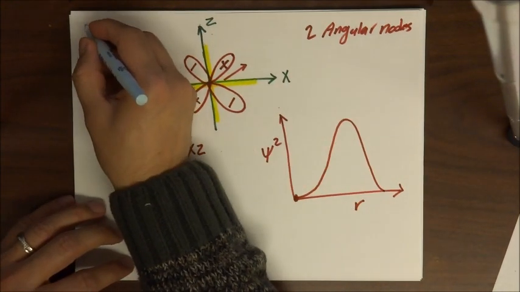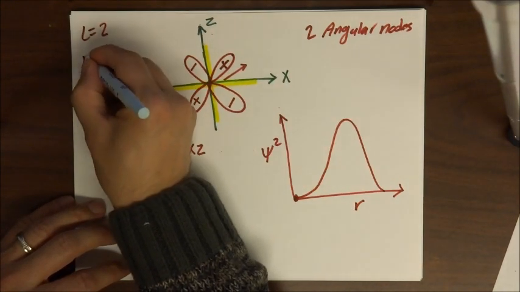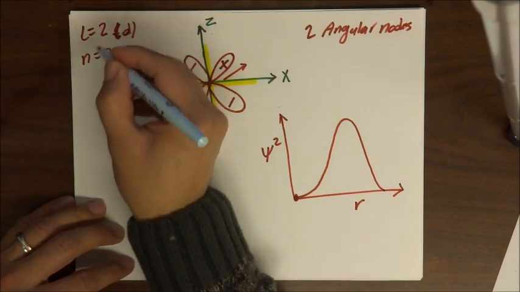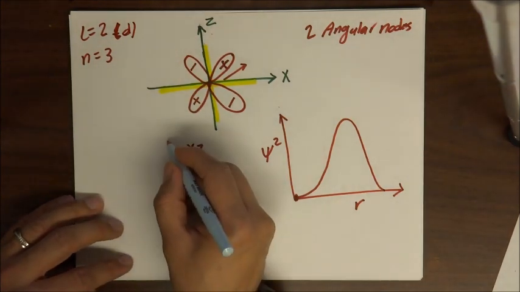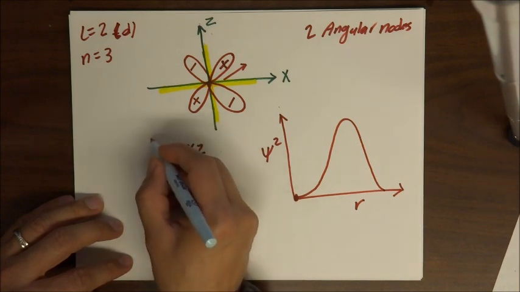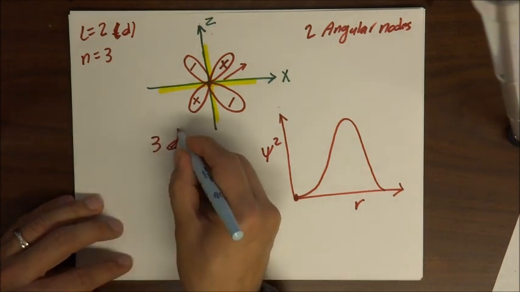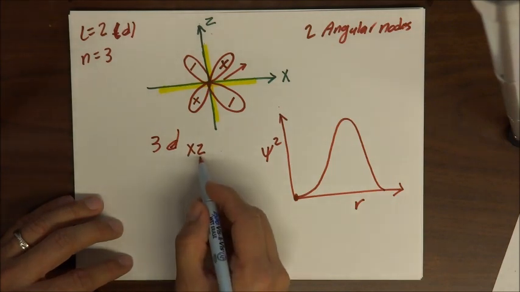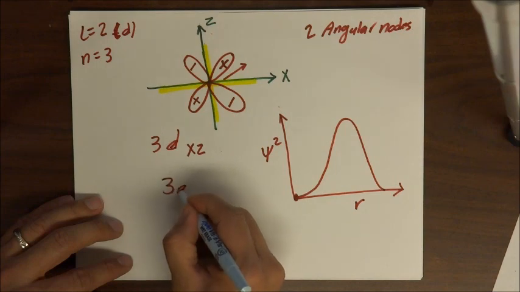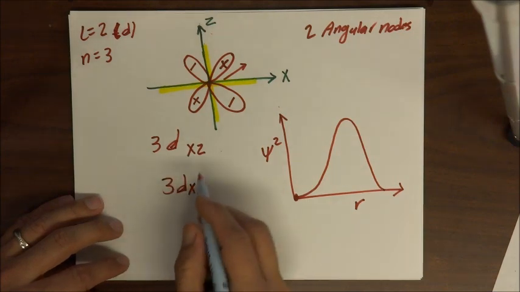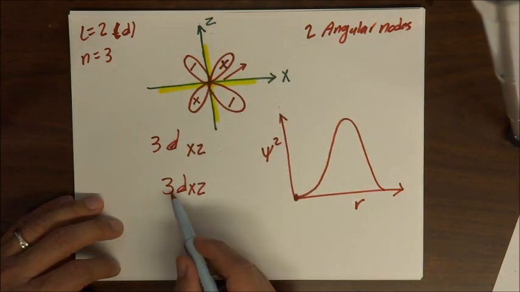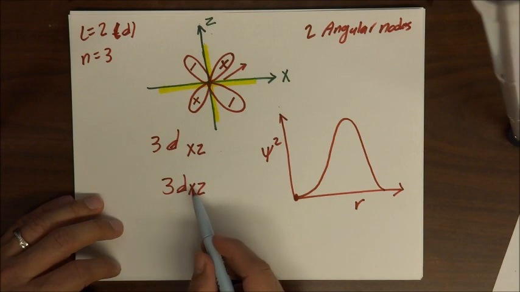L is equal to 2, n is equal to 3. So I'm dealing with a d orbital from the third layer. The way we write the name of the orbital, you write n, write d, and the plane of the orbital as a subscript. So the orbital will be 3dxz. If you change the plane, for instance, to XY, the orbital will be 3dxy.